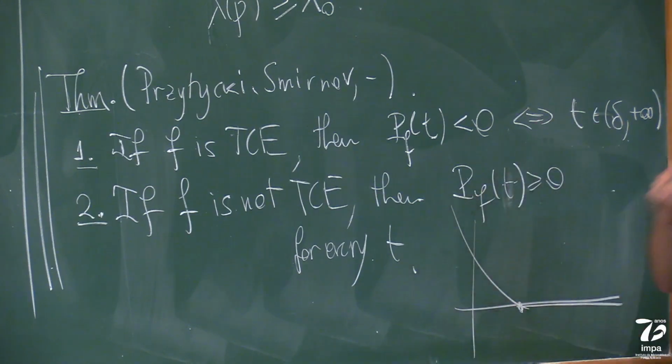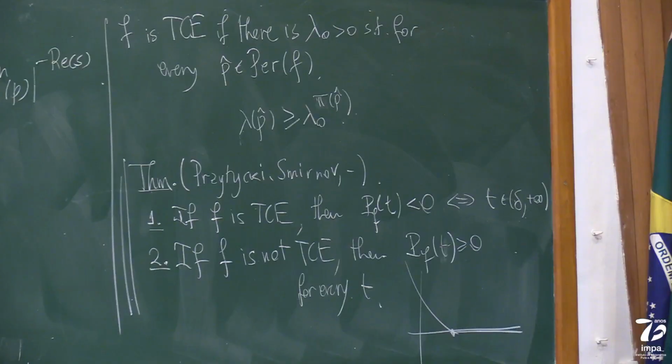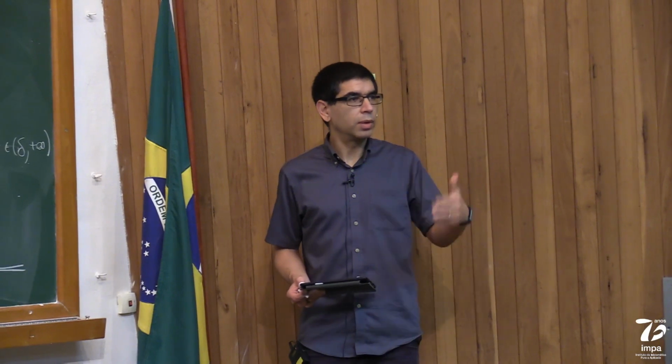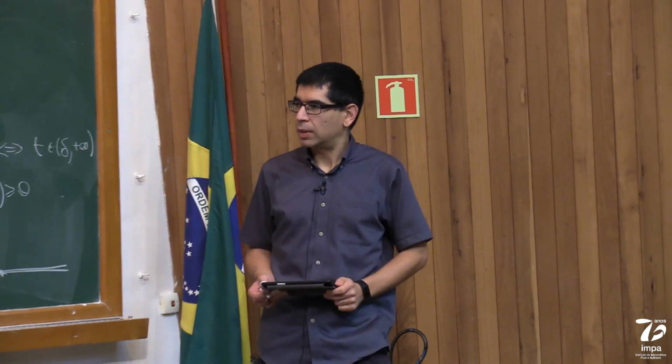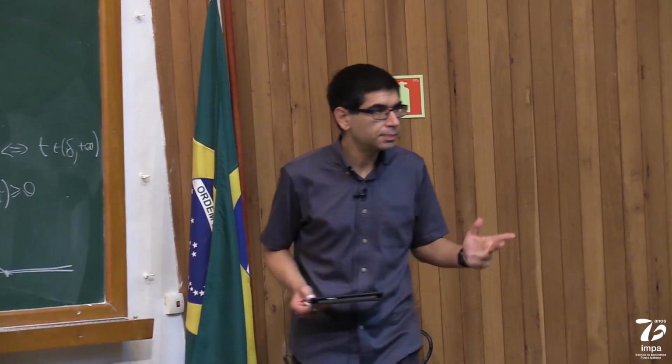So for example, one case that would be interesting is this Fibonacci map. If you have a unimodal map with the Fibonacci combinatorics, we know that for high order, you have this generalized renormalization, and it behaves like the Feigenbaum map, where the prime orbit counting function will be infinite.